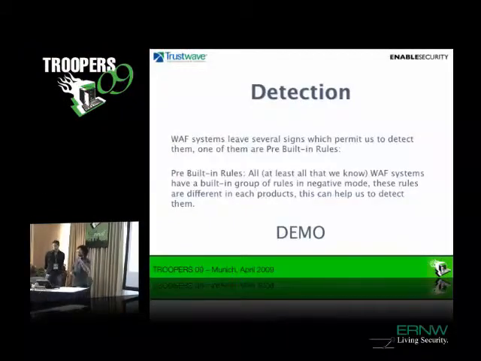We can actually fingerprint and find out which vendor is installed, precisely which exact product. One might even find out which version of a web application firewall is installed, depending on which rules get triggered.